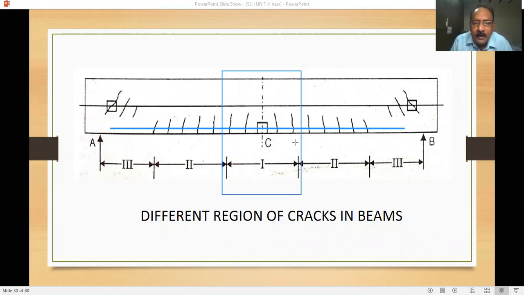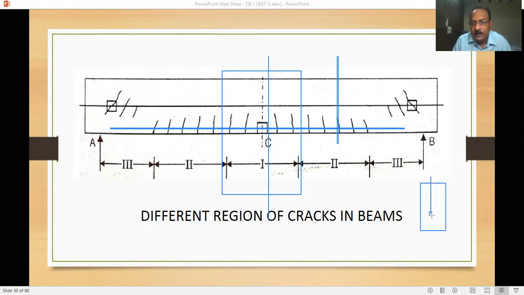What will happen here? If you see the cross section of this beam, principal stresses develop.